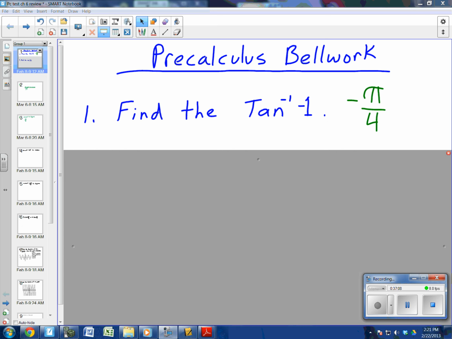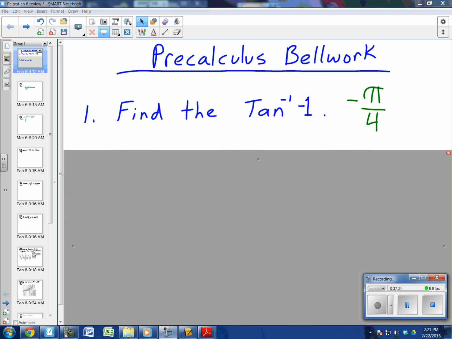So you have to go in the negative direction. So that's negative pi fourths. Okay? Yes? 3 pi over 4 is out of range because it's not between, remember, here's negative pi halves and here's positive pi halves. It has to be in this area over here. Anytime you're doing a tangent inverse, it has to be in quadrants 1 and 4.